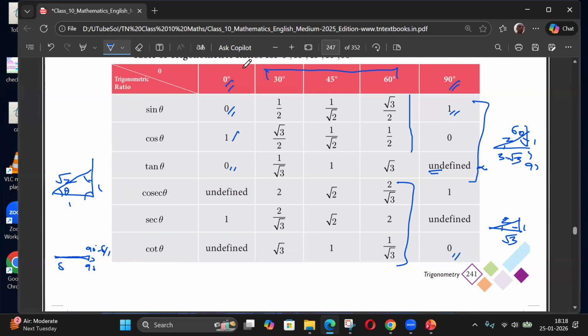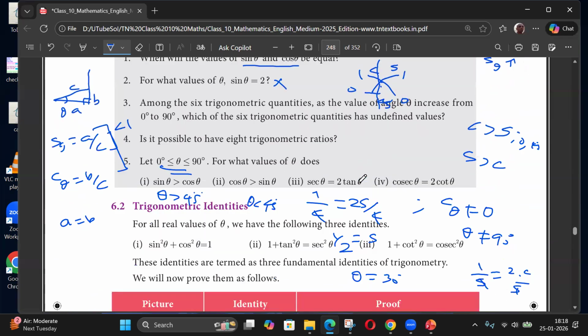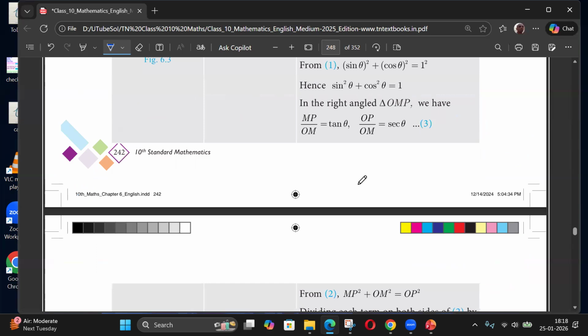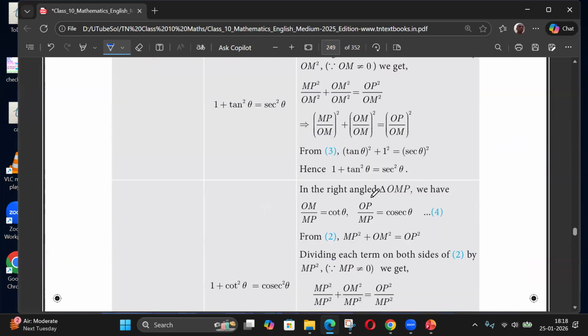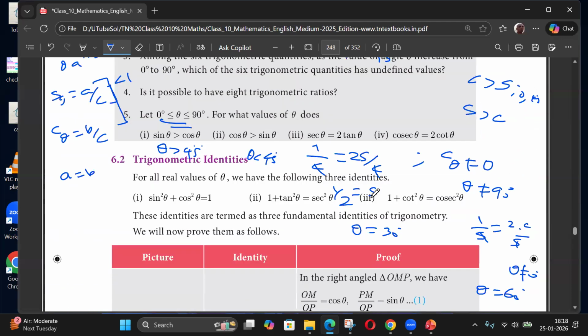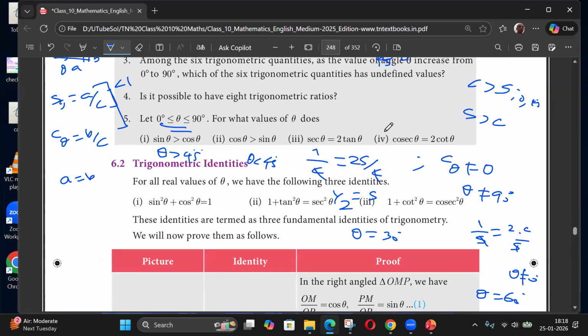For 30, you have to compare these two. So this is 30 degrees, this 60 degrees.